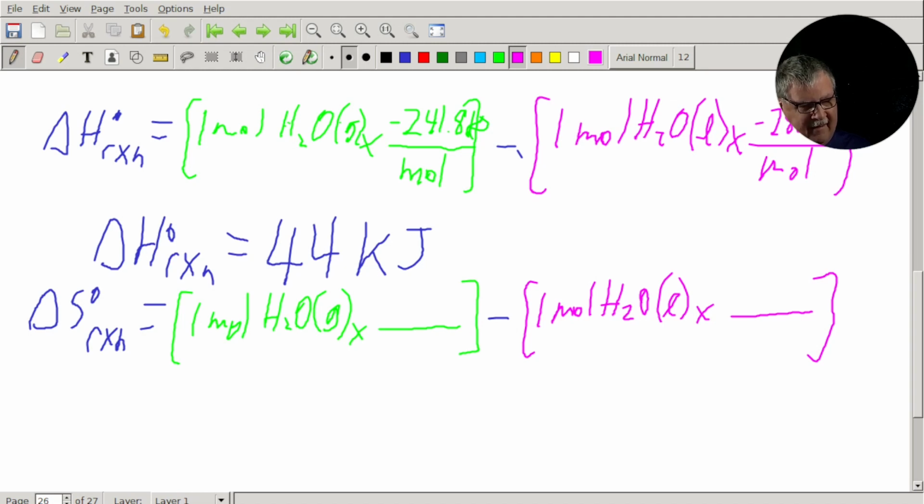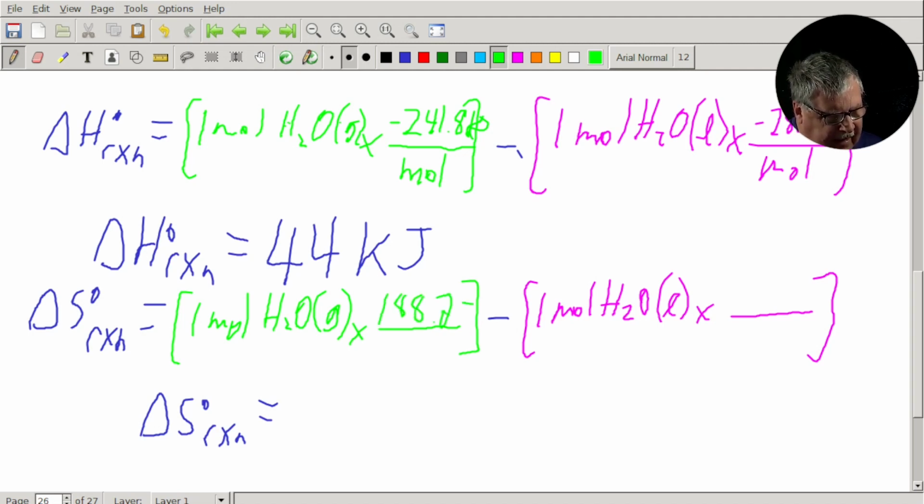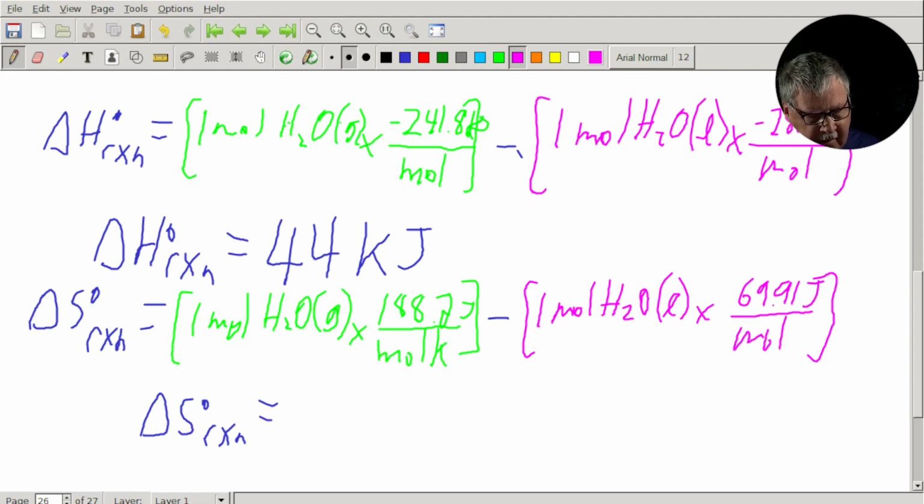Same part of the table. 188.7, that's joules per mole Kelvin. And for H2O liquid, 69.91, also joules per mole Kelvin.